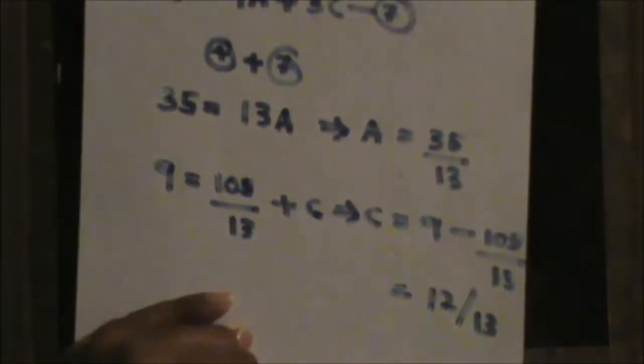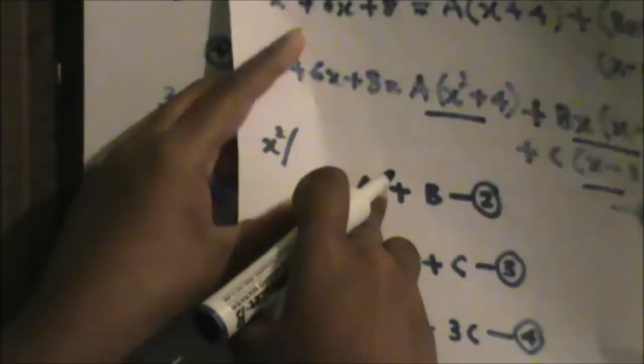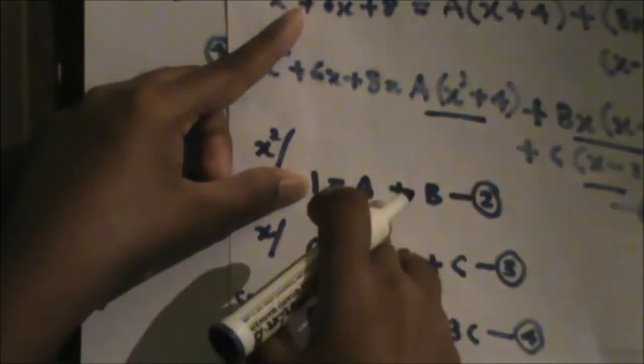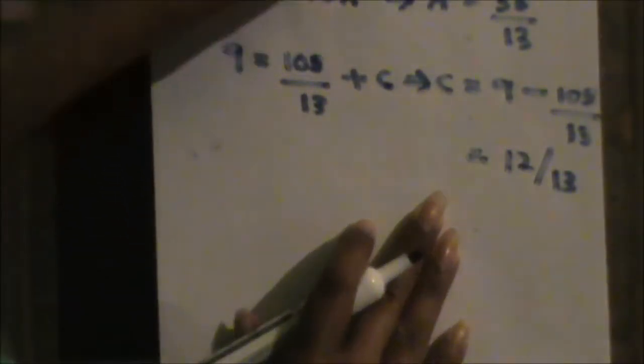From the second equation, what I can say is that 1 is equal to A plus B. So I can substitute the value of A here, and again I can find the value of B. So those are the constants I needed to find the partial fraction of this function.